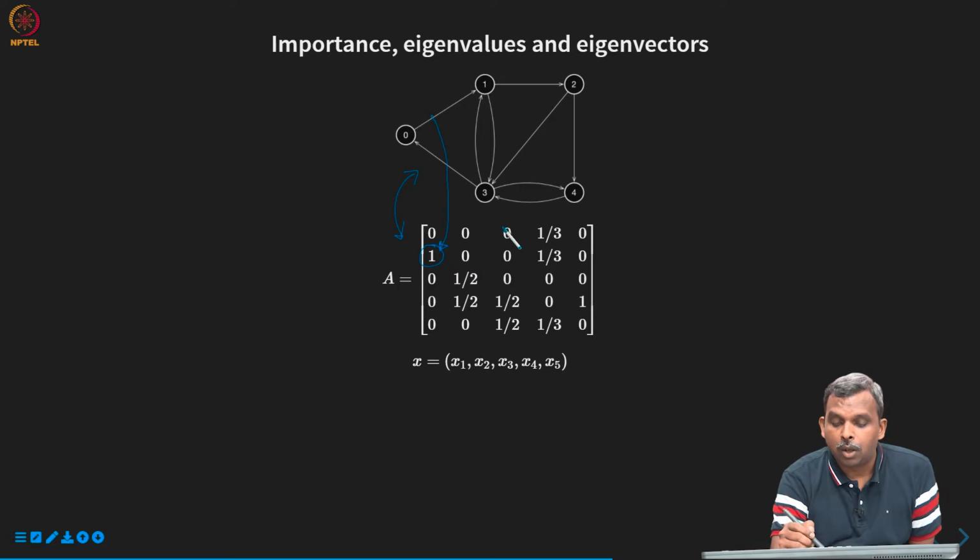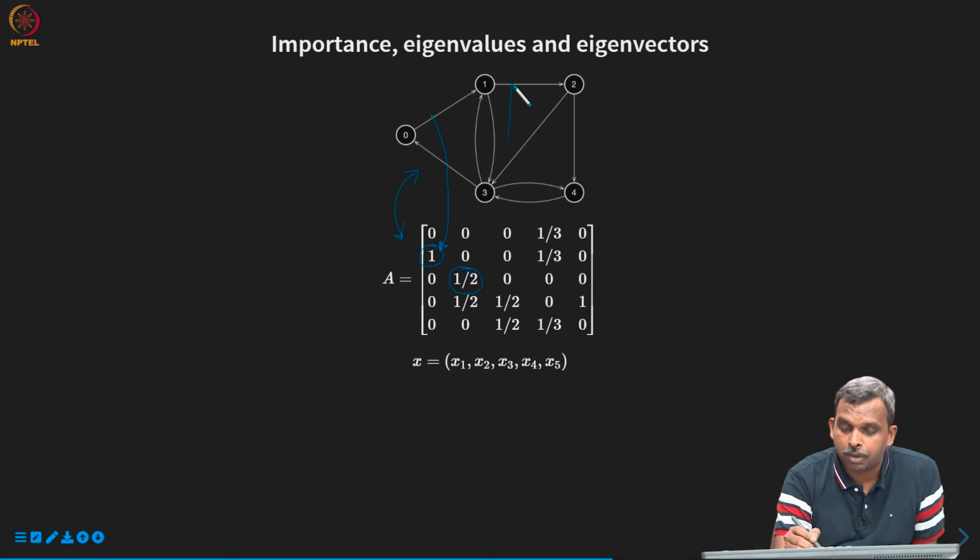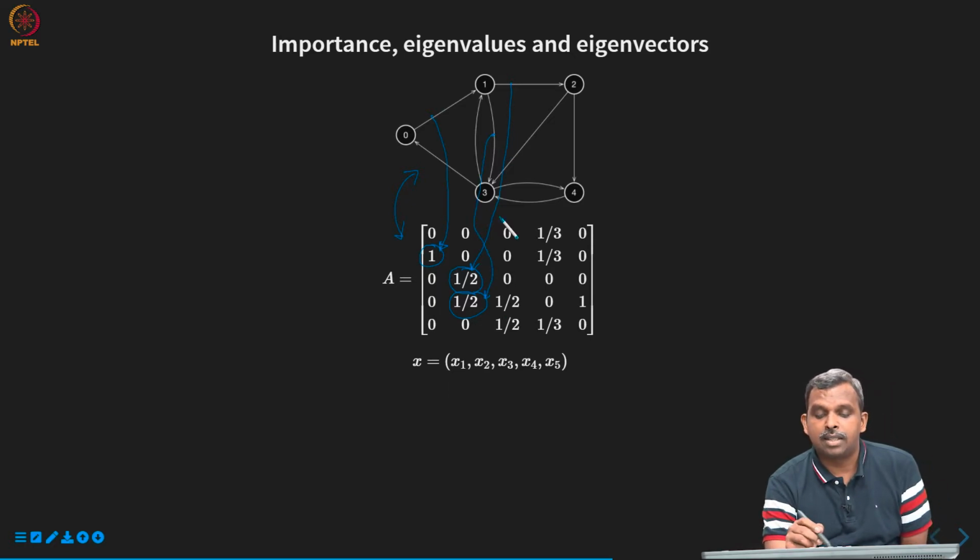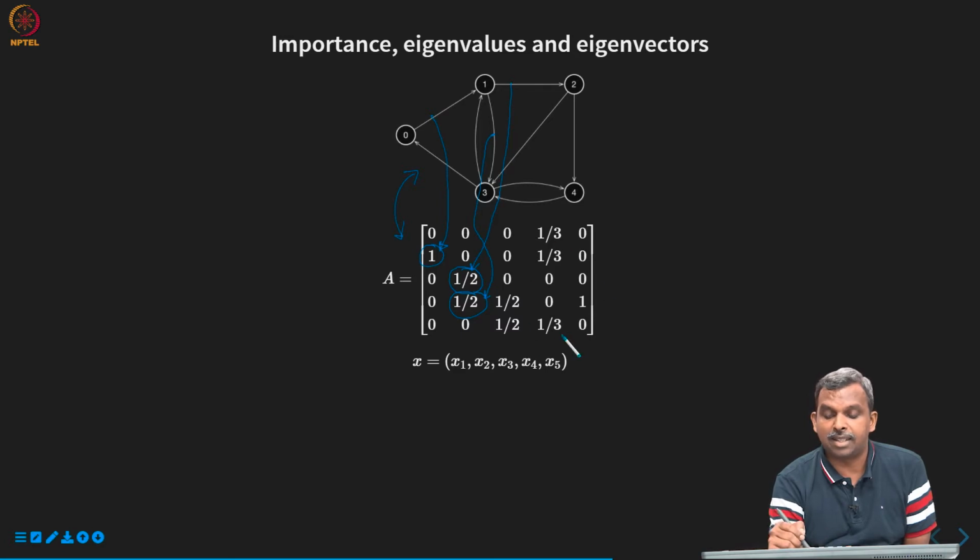Now node 1 has two outgoing links, one to node 2 and another to node 3, but there are two of them, so you put a half weight on it. So this guy will come from this edge, and this half will come from this edge. So you can see how this matrix has been made.